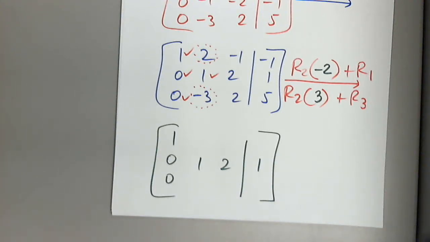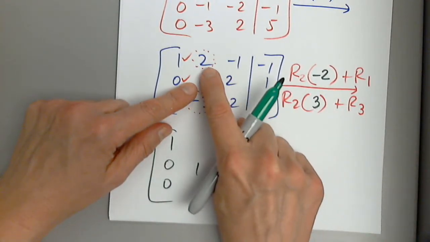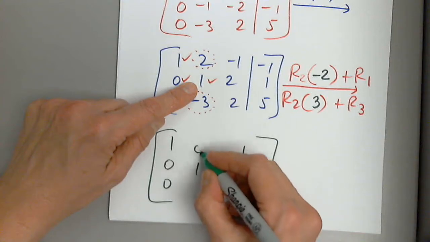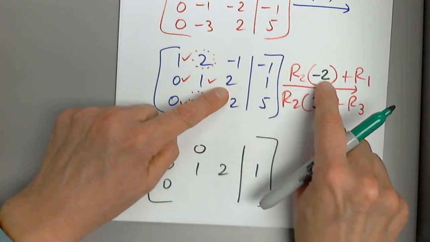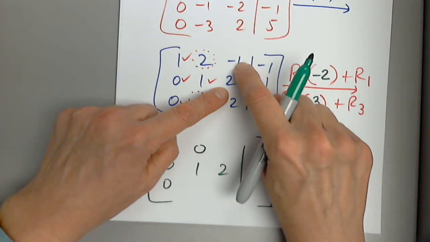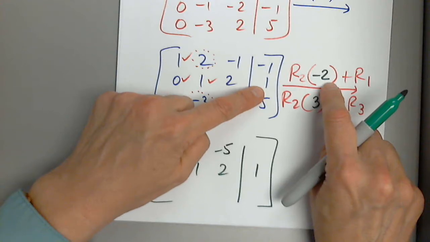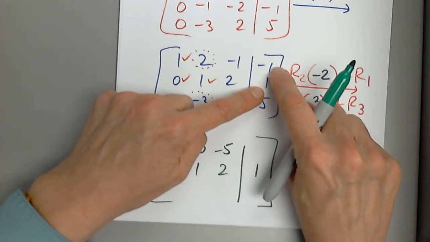Okay. So 1 times -2 plus 2. 2 times -2 minus 1. 1 times -2 minus 1.